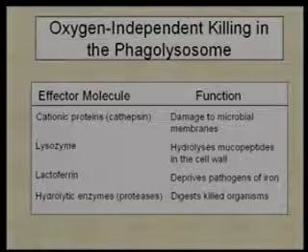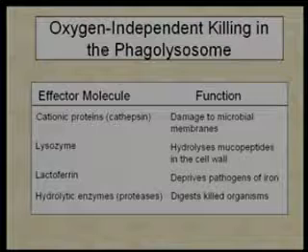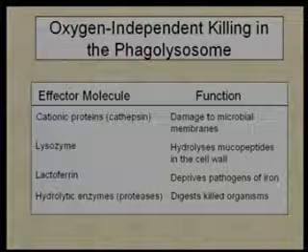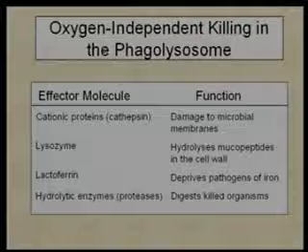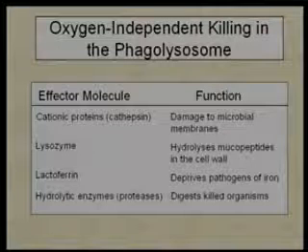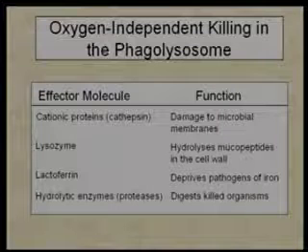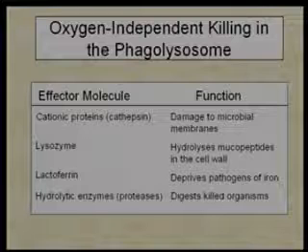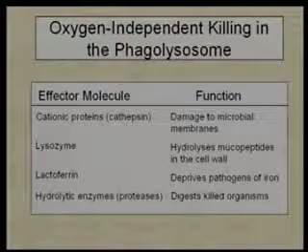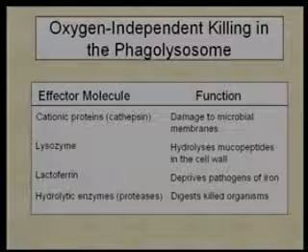And there are, for example, instances where there are deficiencies in either myeloperoxidase or the NADPH oxidase. And so patients that have deficiencies in the oxygen-dependent respiratory burst are actually more susceptible to bacterial infections, but they don't die. They actually survive.